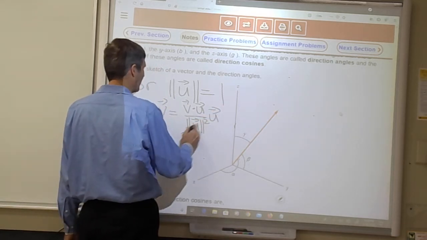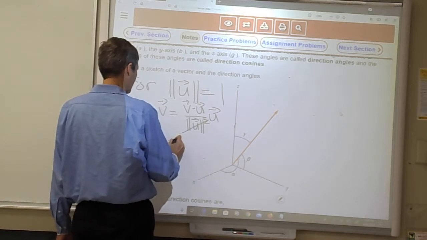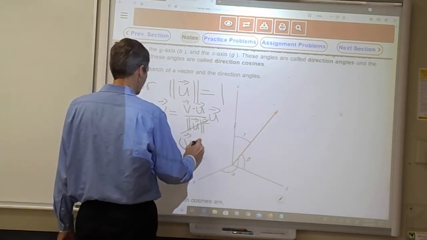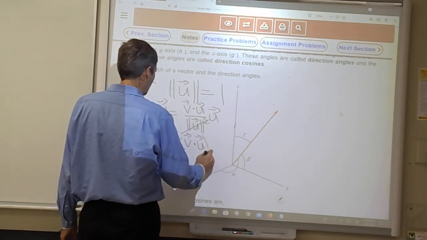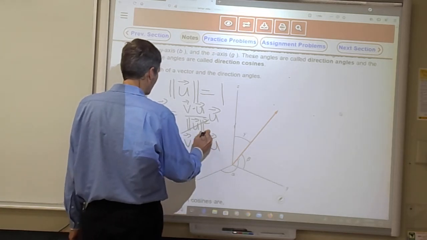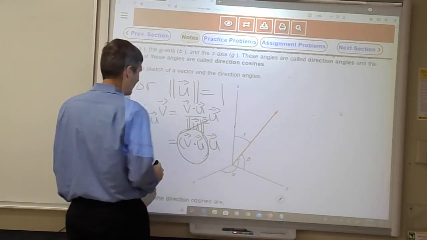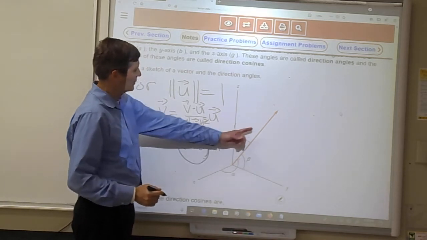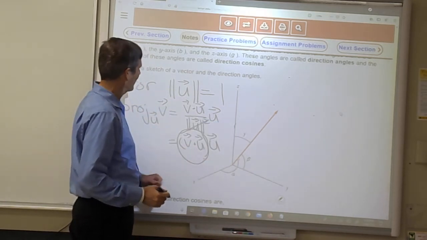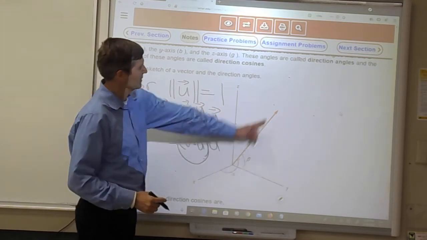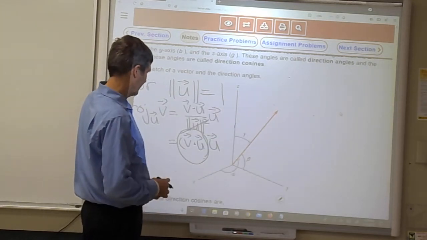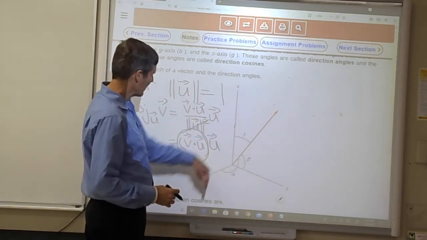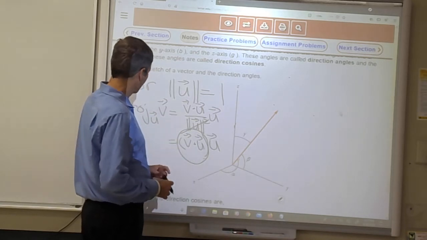Well, length of u is 1, so it's just v dot u times u. So actually, the number that scales a unit vector to take a projection in its direction is just the dot product. When we want to project this vector onto the x-axis, this is how long it is.